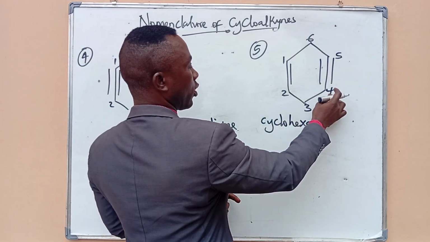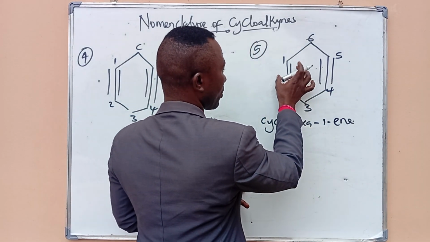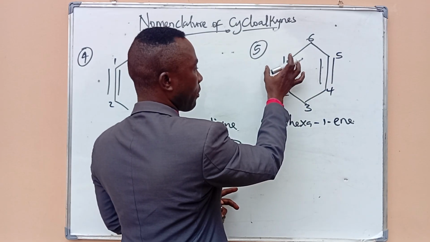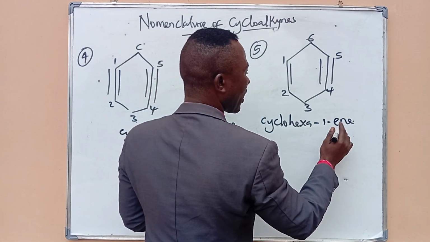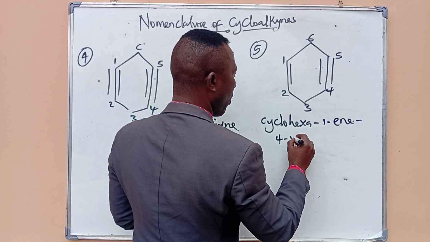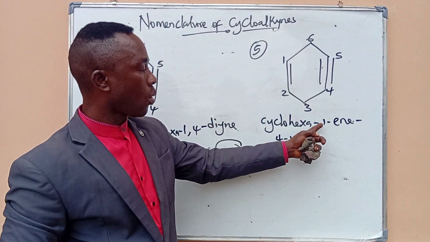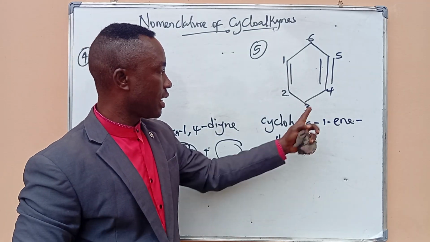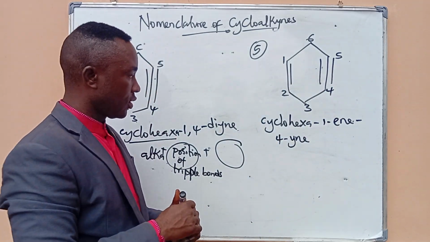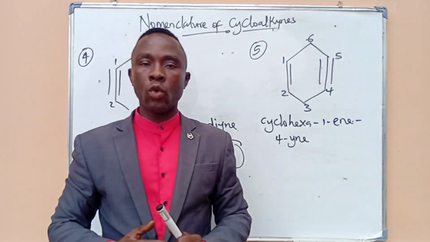Then that of the triple bond, which is 1-ene, because the ene is at number 1 position. Cyclohexa-1-ene, then the position of the triple bond is 4-yne. That becomes the name. Cyclohexa-1-ene-4-yne. So ene is given preference over yne.